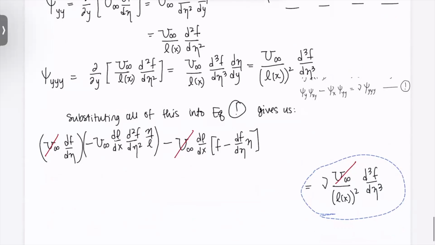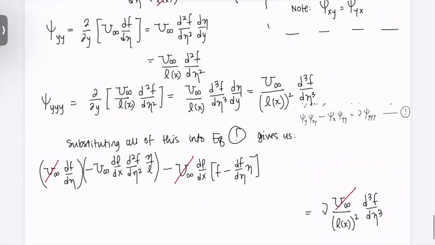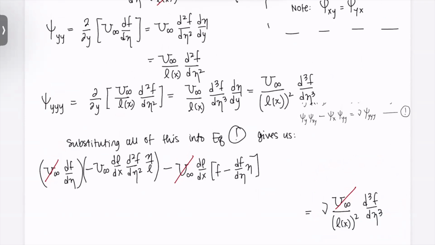And then I need times psi yy, which is u infinity times the second derivative of f with respect to eta, d eta dy. And then I can move this guy back.